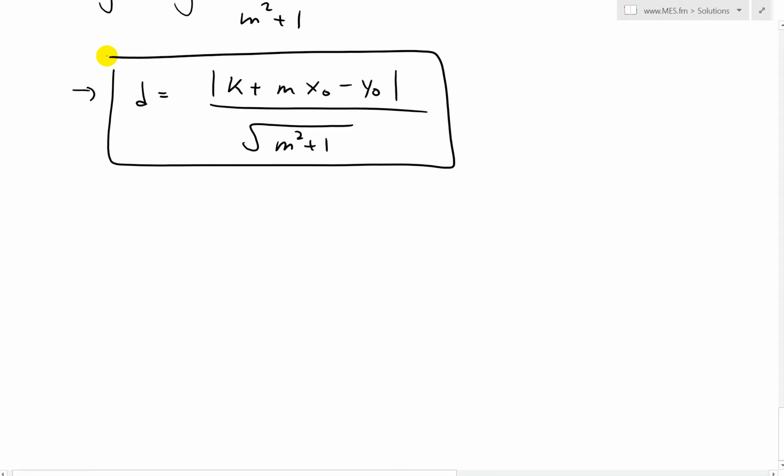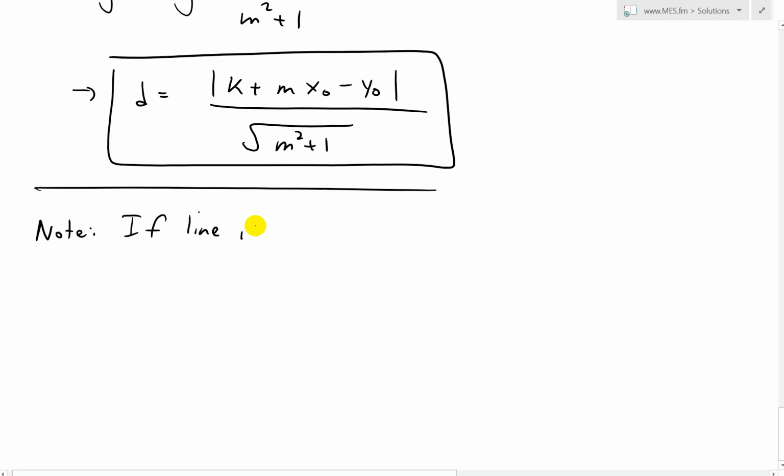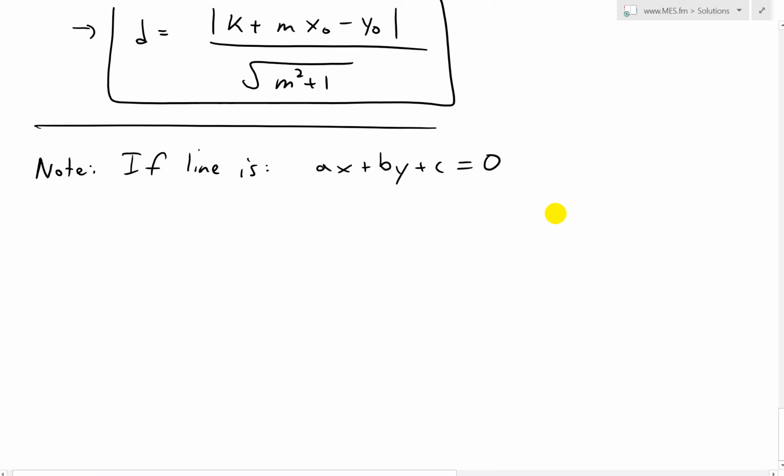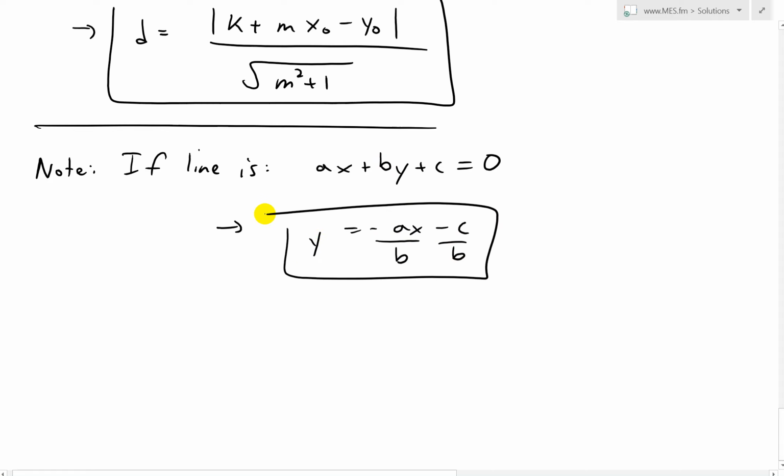Now if we want to get back to the normal one, if the line was written as the usual ax plus by plus c equals 0, the other more general one, again you could rearrange this: move the ax to the other side, we get a negative ax, move the c over there, negative c, divide by b, so we get over b, and this is our formula for y.